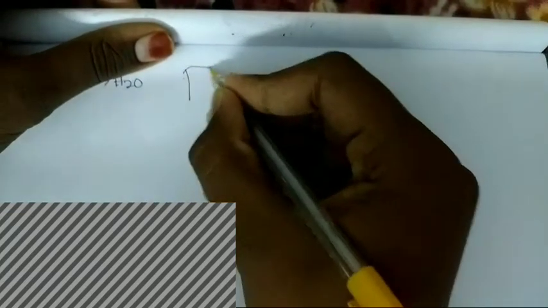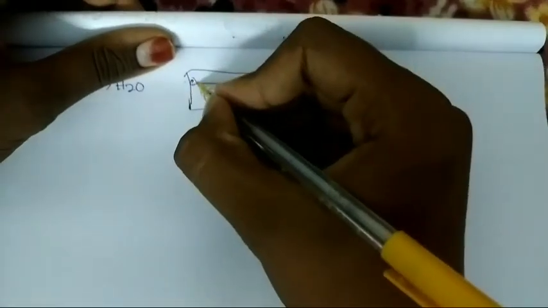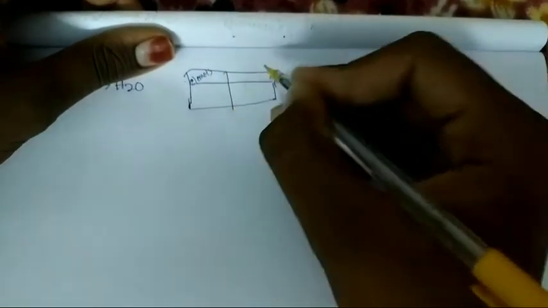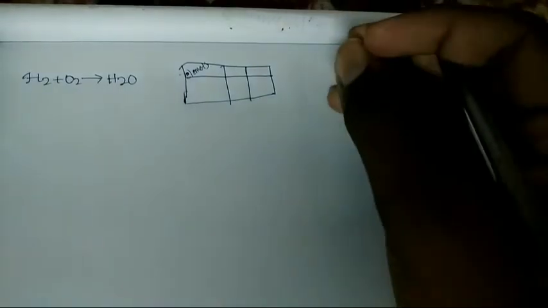To understand this clearly, I will tell you a small trick. Draw a small table like this. Next, for headings, elements. Next, left hand side and right hand side.